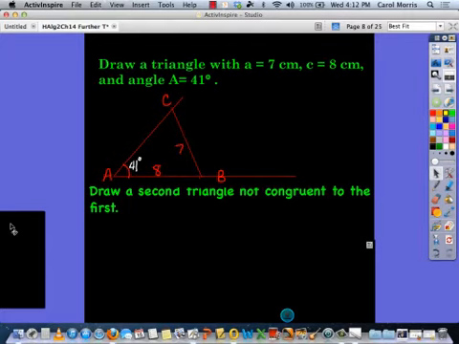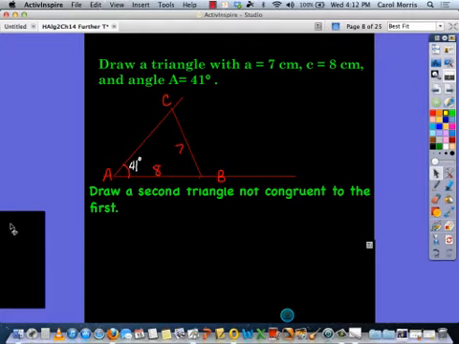And we're not just talking about drawing it upside down or with A, C, and B in a different perspective. We want a different looking triangle. So it's not going to look like this acute triangle that we have currently. Okay, thought about it enough?